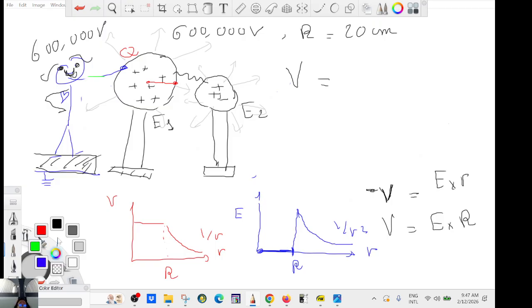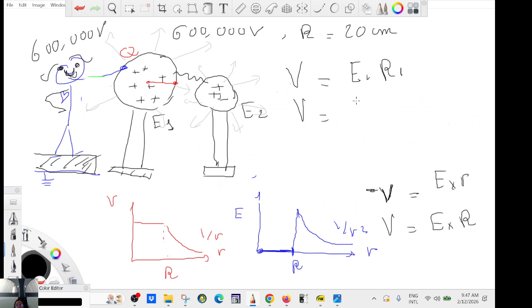But it's the same voltage. Are you with me? So for the first one, E1 R1, and for the second one, E2 R2. So electric field times the radius. So we have E1 R1 equals E2 R2. Do you agree? Are you with me?